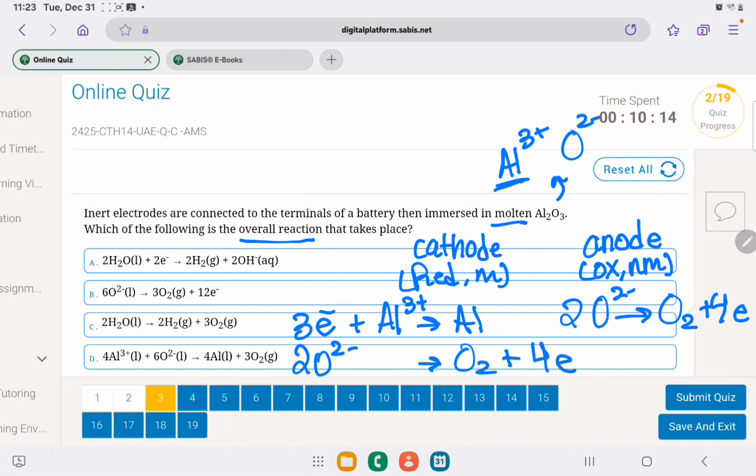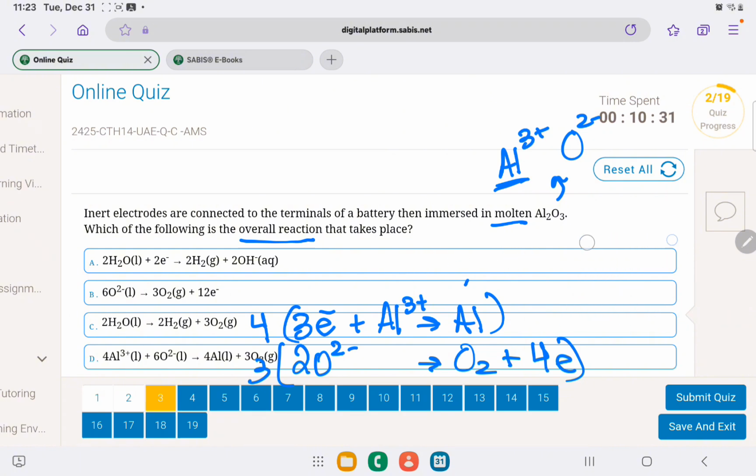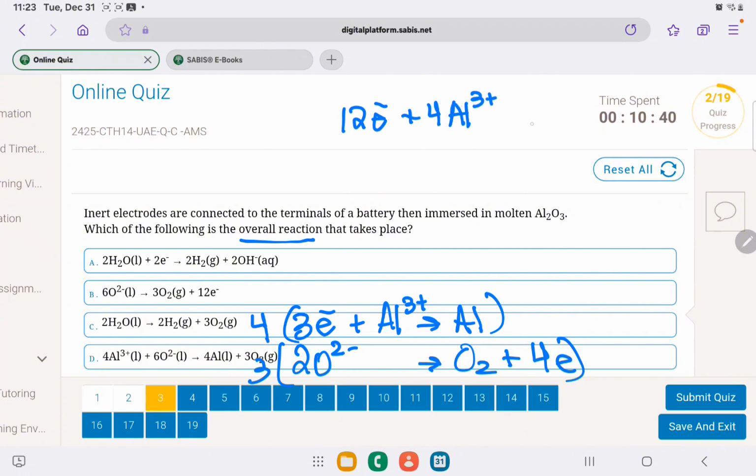Now if we're going to add the reactions, we have to make sure that the electrons are the same number. We have to multiply the first reaction by 4 and the second reaction by 3, so the electrons can be 12. The first one is 12 electrons plus 4 Al3 plus to give 4 Al, and under that we have 6 O2 minus to give 3 O2 plus 12 electrons.